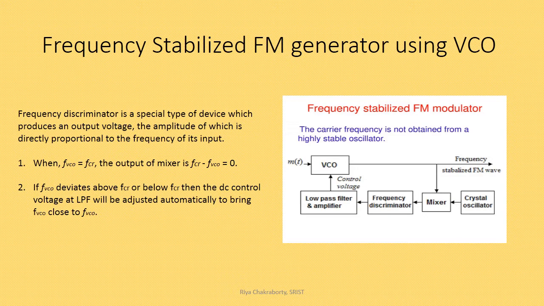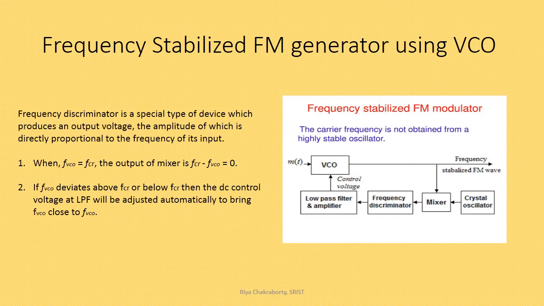Thus, this circuit will maintain the VCO frequency constant, equal to the crystal oscillator frequency FCR. If the VCO frequency deviates above or below FCR, then the DC control voltage at the output of the LPF will be adjusted automatically to bring FVCO, that is the frequency of the VCO, close to the crystal frequency.